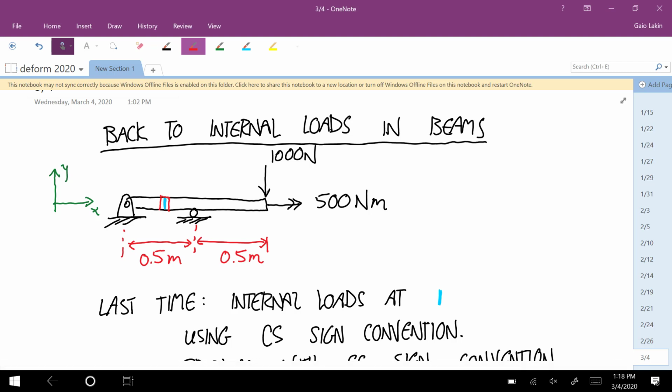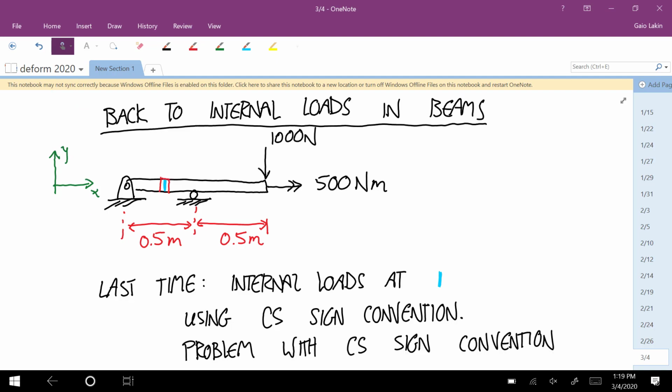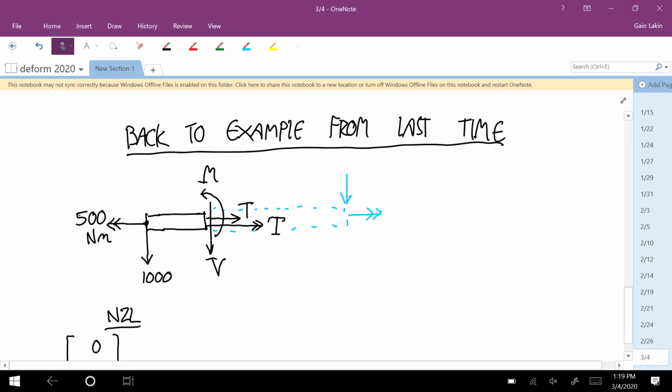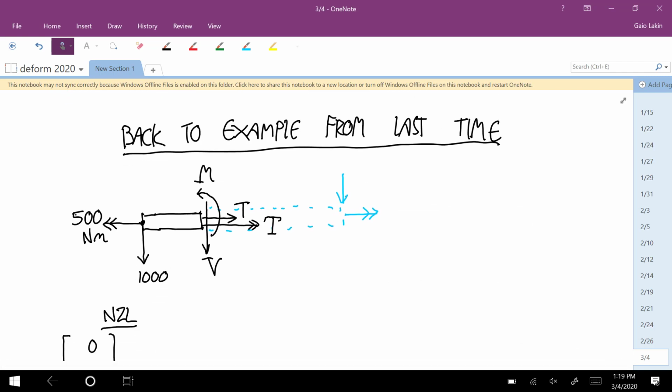For 1,000 newtons, would it be outside of it? Would it be a positive 1,000? So the piece that we're isolating is this, with our desired line there.